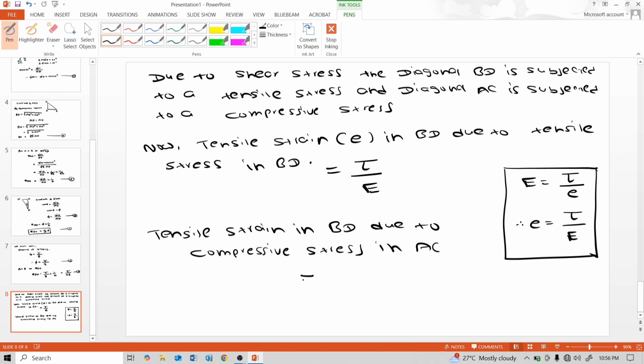This strain is lateral strain. Tensile strain in BD due to compressive stress in AC is lateral strain.